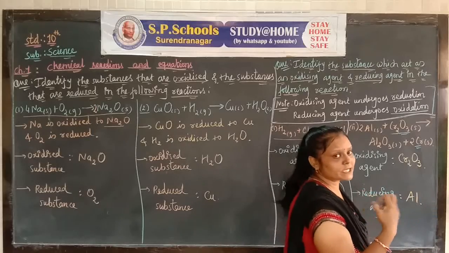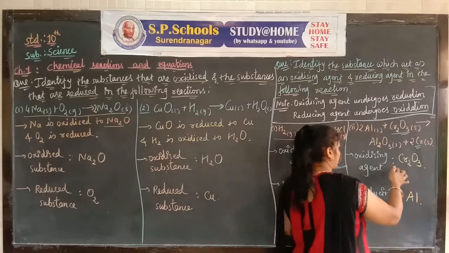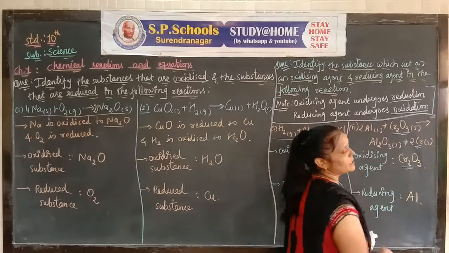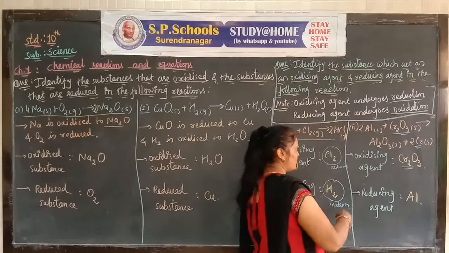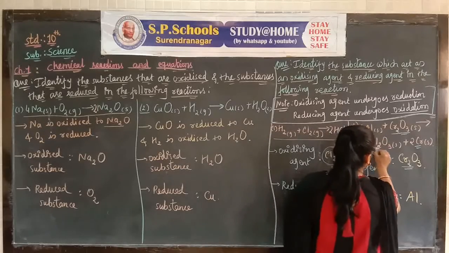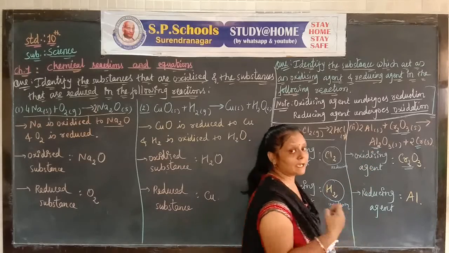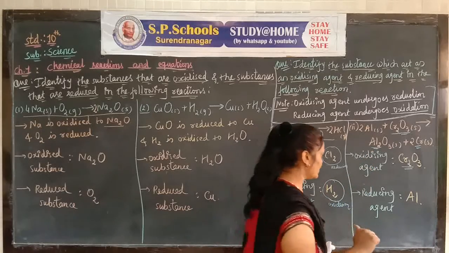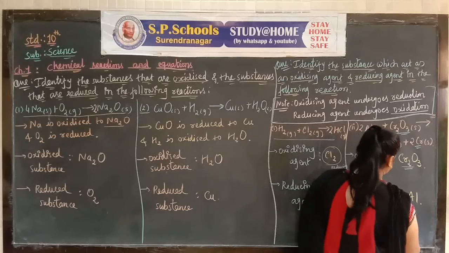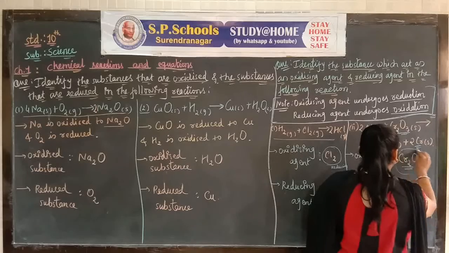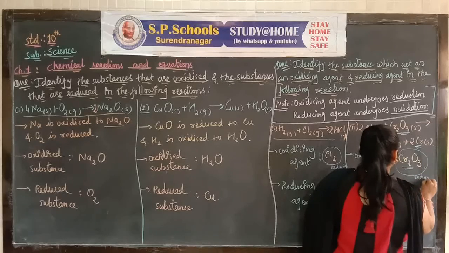So the process is called reduction, and Cr2O3 is the oxidizing agent. Same in Al, which gains oxygen. The process of gaining oxygen is oxidation, and it works as the reducing agent.